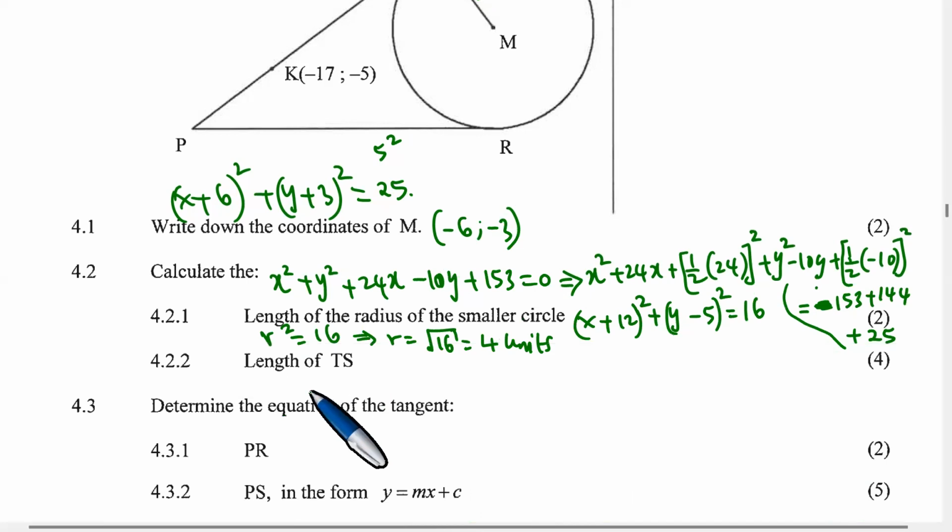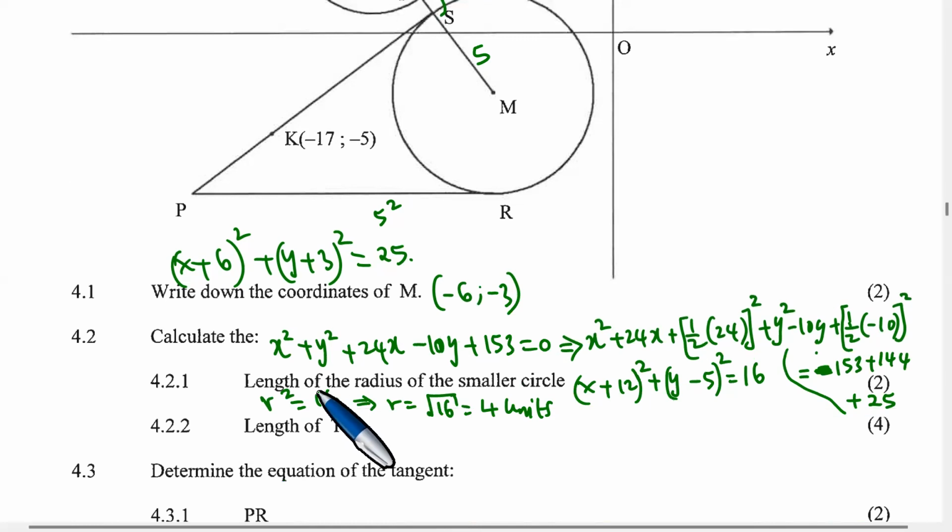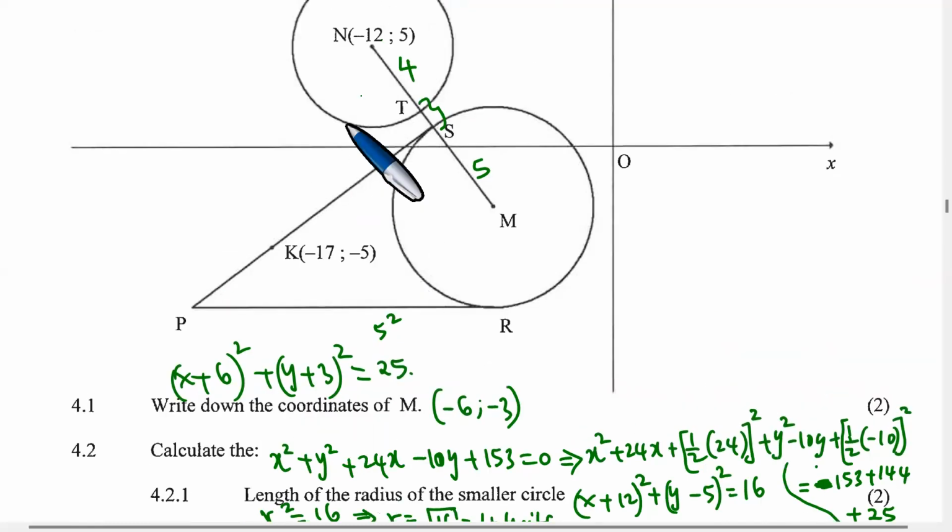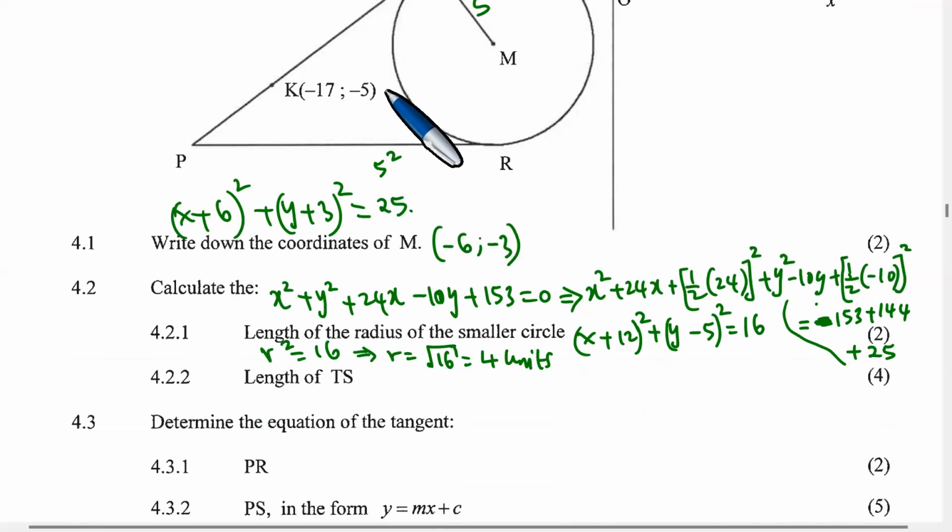To find the length of TS, we proceed as follows. We just simply need to find a couple of things. We need to find the length of NM. N has coordinates minus 12 and 5.